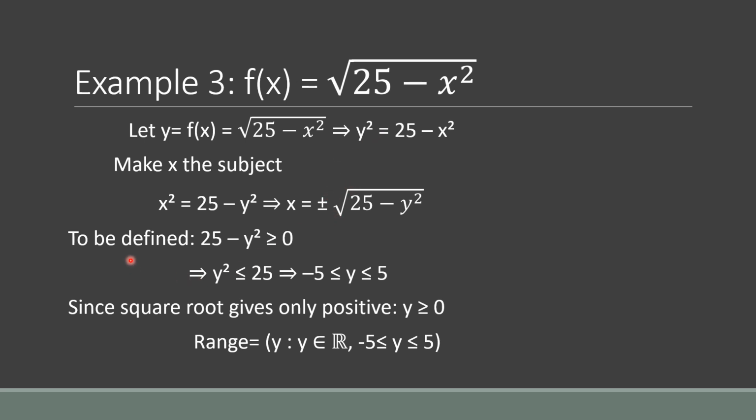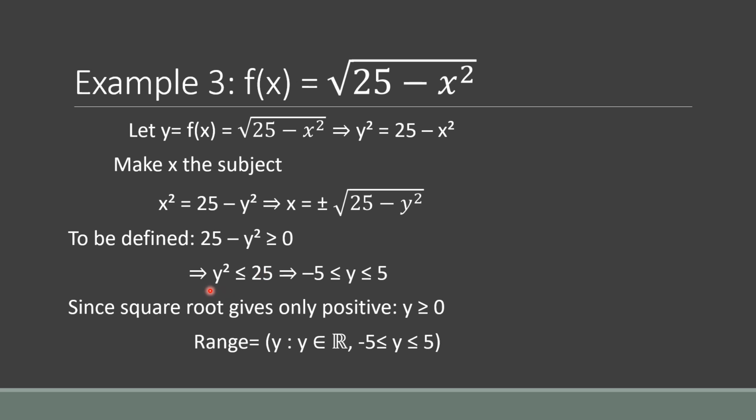So for this expression to be defined, for us to be able to get a range, then 25 minus y squared, which is under the root sign, is supposed to be greater than or equal to 0. This principle is the same as when we were finding the domain for a radical function of this form.